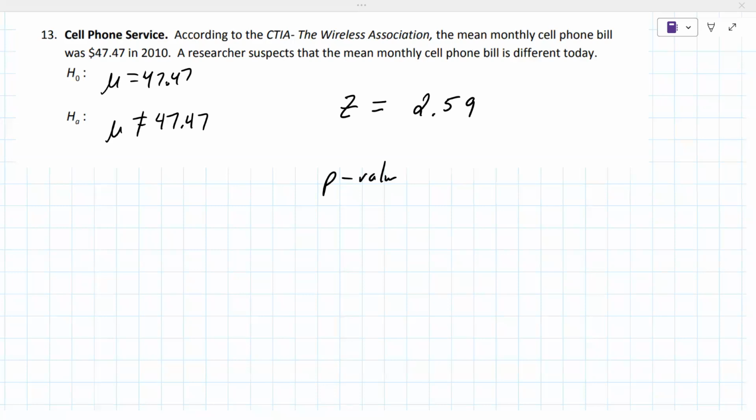Since it's right-tailed, I've got to subtract it from 1. Correct. And then since it's two-tailed, multiply it by 2.